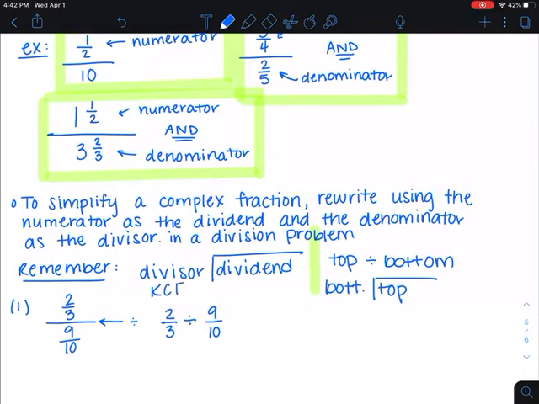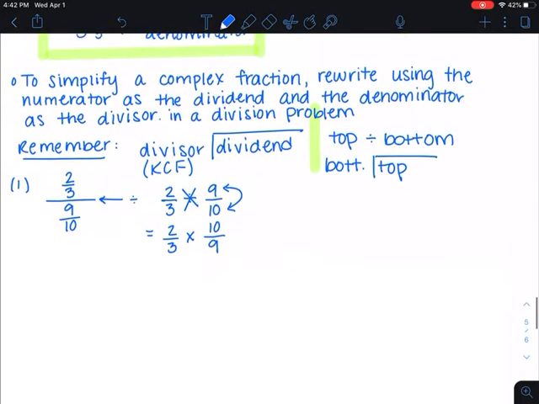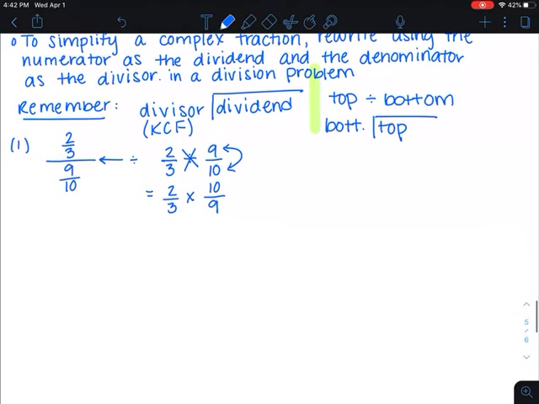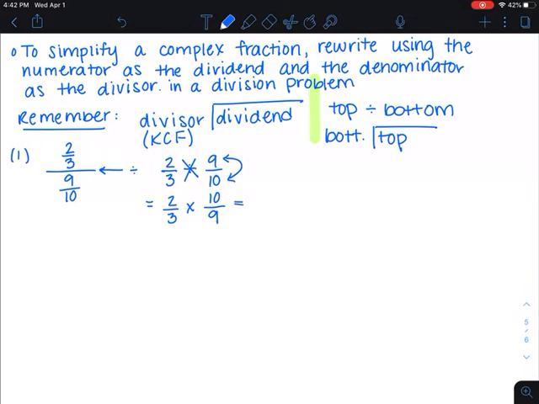And now we go back to what we learned with dividing fractions, where we do keep, change, flip. So I'm going to keep 2/3. I'm going to change my division to multiplication, and I'm going to flip my 9/10 to make it 10 over 9. Alrighty, then you want to see if you can cross cancel it all to simplify, which you cannot.